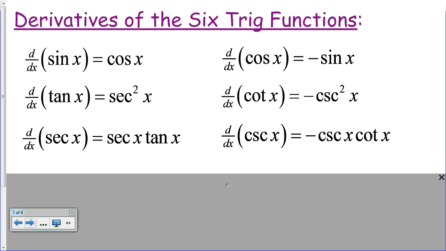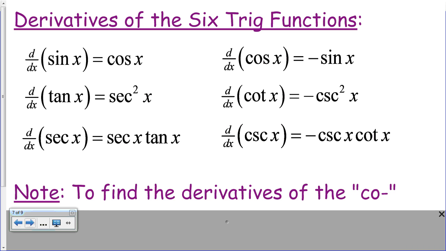There's no negative sign, I should say, out front, versus on the right-hand side, all those derivatives have a negative sign out front. So they're cofunctions, and they also have a negative sign. And furthermore, once I know the three rules that are over here on the left, I can use that property about their cofunctions and that it's negative to help me come up with the other three that I have in the right-hand column.